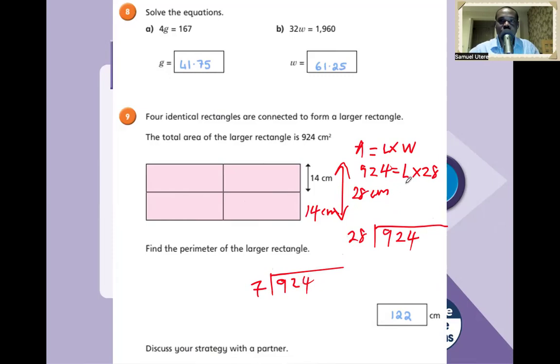So we're looking for the length, because once we know the length, we know this one will obviously be 28 as well. Once we know the length, then we can find the perimeter, because we know these 2 sides will be the same. So to do this divided by 28, we can split it into 2 parts. So first we divide by 7 and then we'll divide by 4.